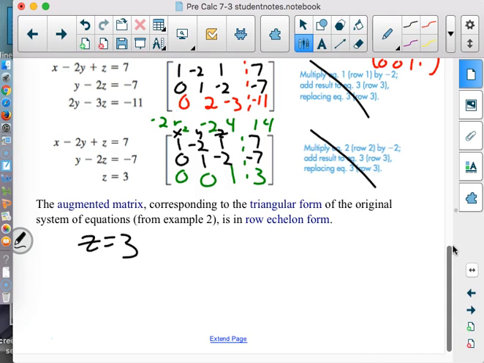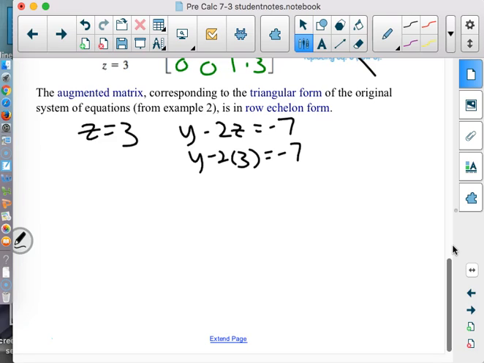And the obvious place to go would be the next one up. We've got 0 x's, 1 y, minus 2z equals negative 7. Let's take our 3. Let's put it right here. And then we just add 6 to both sides. Now we have y and z.